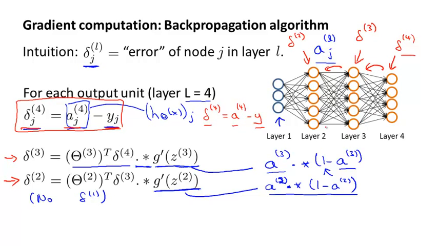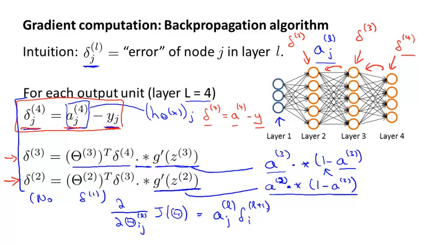Finally, the derivation is surprisingly complicated and involved, but if you just do these few steps of computation, it's possible to prove, via a somewhat complicated mathematical proof, that if you ignore regularization, then the partial derivative terms you want are exactly given by the activations and these delta terms.